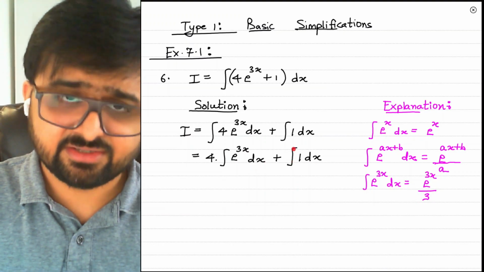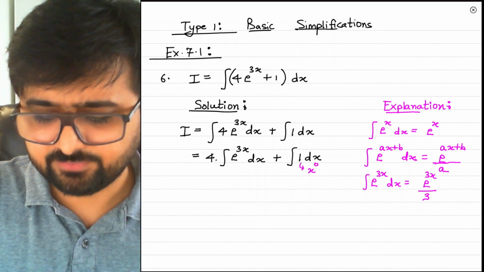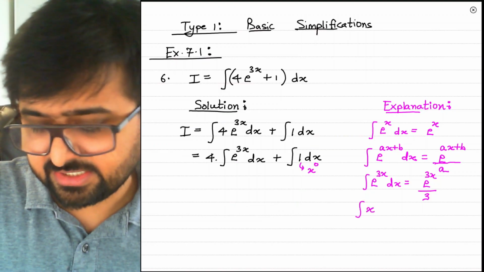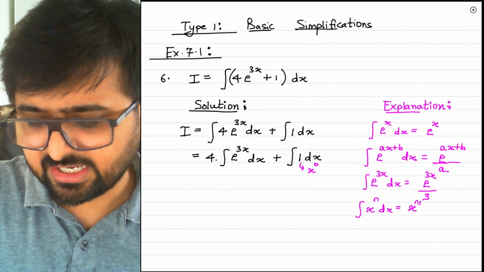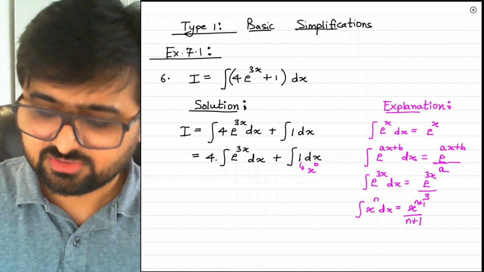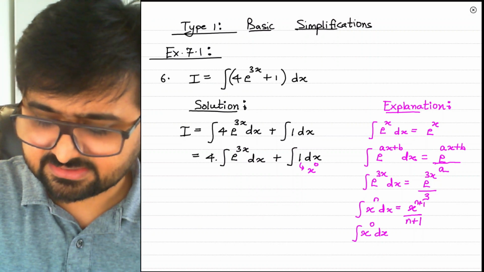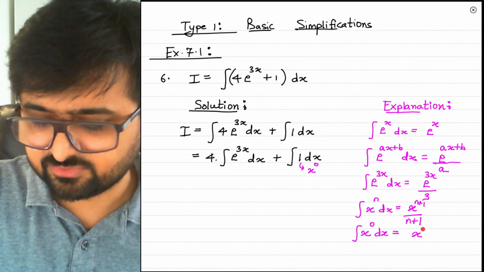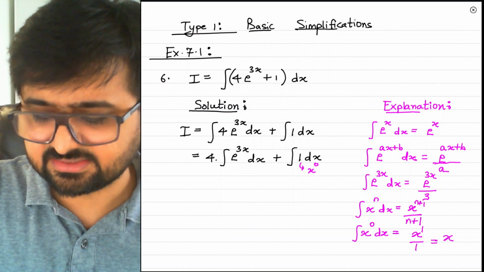So now let's look at integral of 1 dx. We know 1 can be written as x to the power 0. So since 1 is x to the power 0 and we know integral of x to the power n dx is x to the power n plus 1 over n plus 1, which will give you integral of x to the power 0 dx equals x to the power 0 plus 1, which is 1 over 0 plus 1, which is 1, which is x.